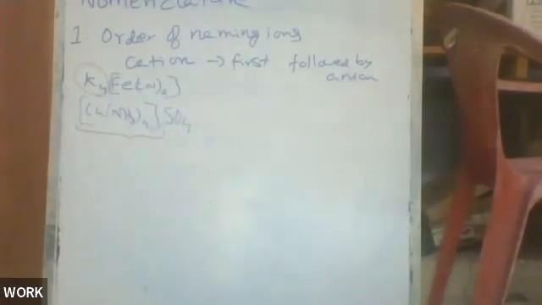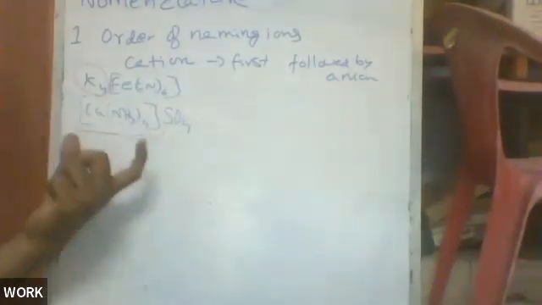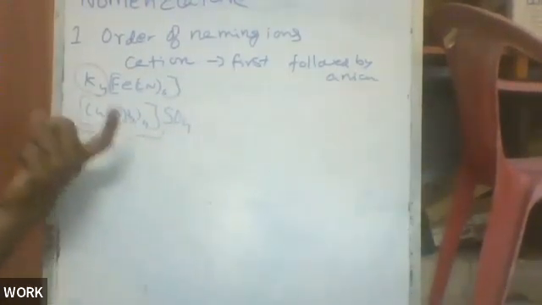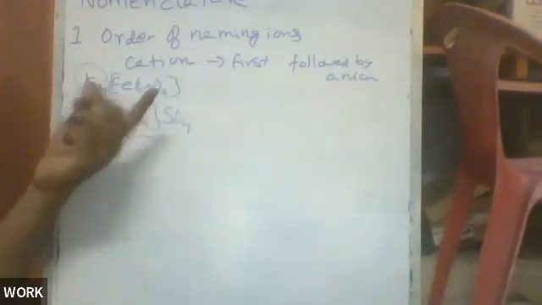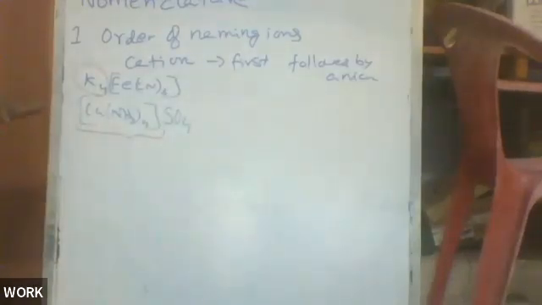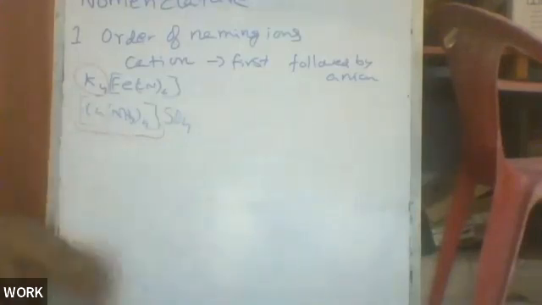So when naming, you start with potassium in the first, and with the complex part in the second. In the first, the cation potassium is written first, followed by the name of the anion. Likewise, in the second complex, the complex is written first. If it is a non-ionic complex, the name of the complex is written in one word.